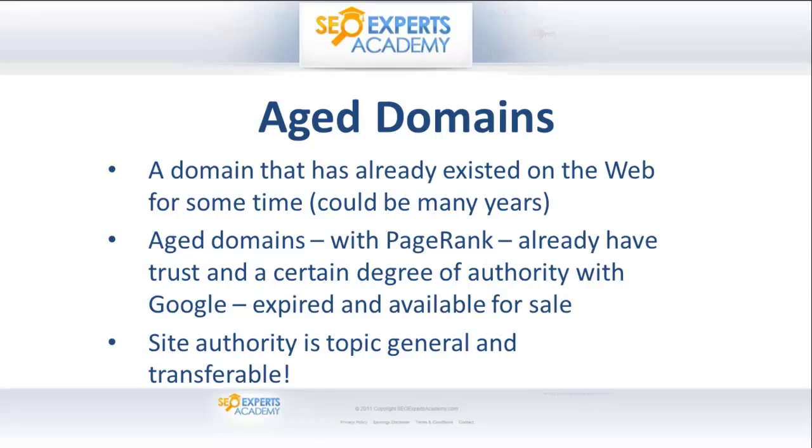What I mean by that is, if for example today I purchase a PageRank 5 domain, and that site had originally built up a lot of authority on the topic of Egyptian architecture, I could then take that site and put completely different content on it and go after a ClickBank weight loss product, and the authority that existed before I came along and repurposed it would then be transferred to my new topic.